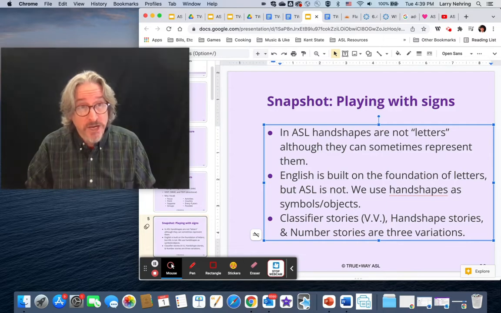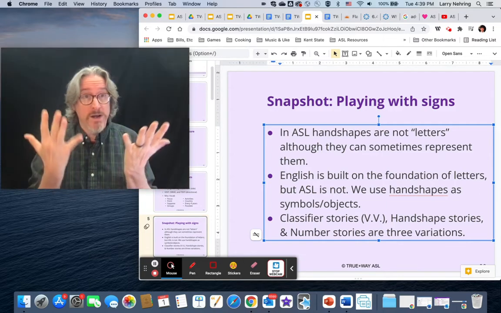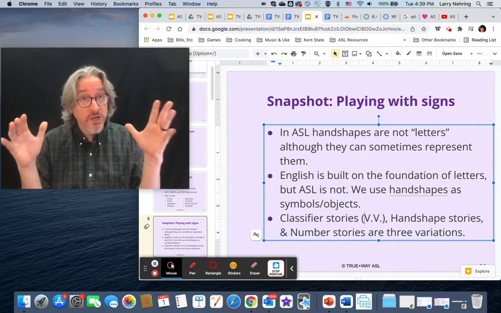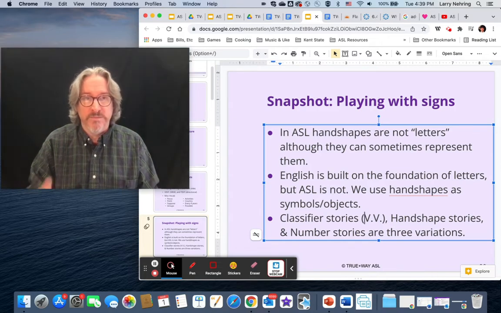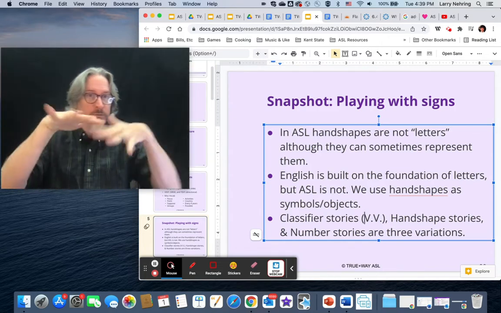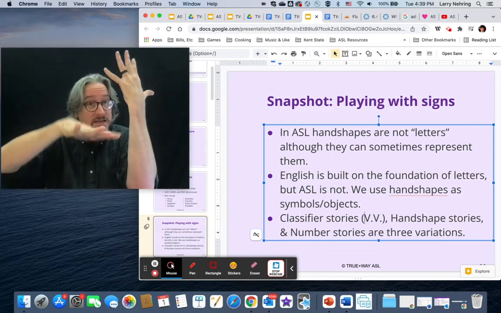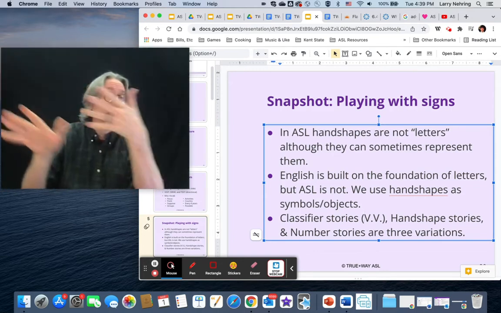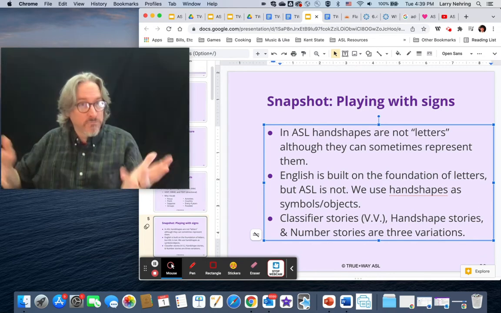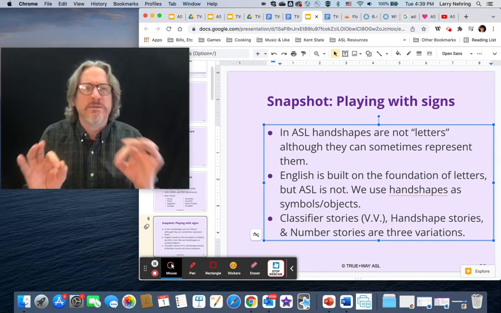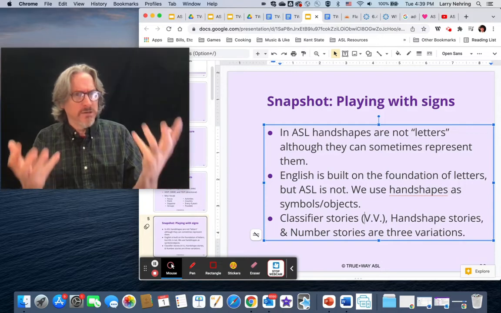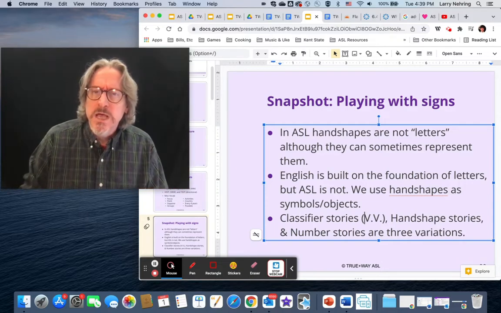There are also hand shape stories, where you pick one hand shape and tell an entire story using that. So if I just wanted to tell a story with just this: a tree and the leaf fell and the wind blew and that leaf flew off. They tend to be simple, but a skilled signer can really play with them.